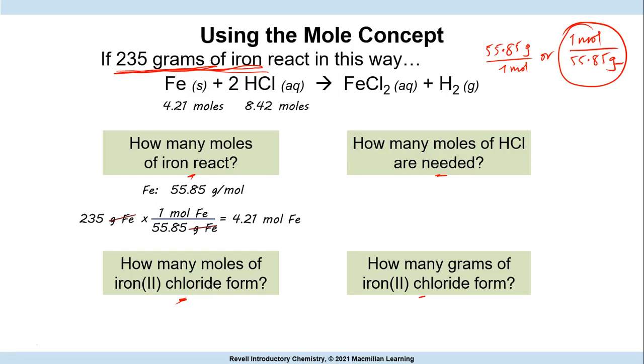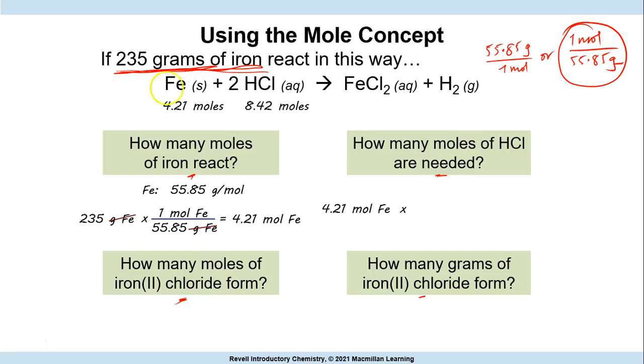Now the next question, how many moles of HCl are needed? So looking at our equation here, if we want to start with the HCl, we see that in the balanced chemical equation, 1 mole of iron reacts with 2 moles of HCl. So we are going to be using that mole ratio to calculate the moles of HCl.